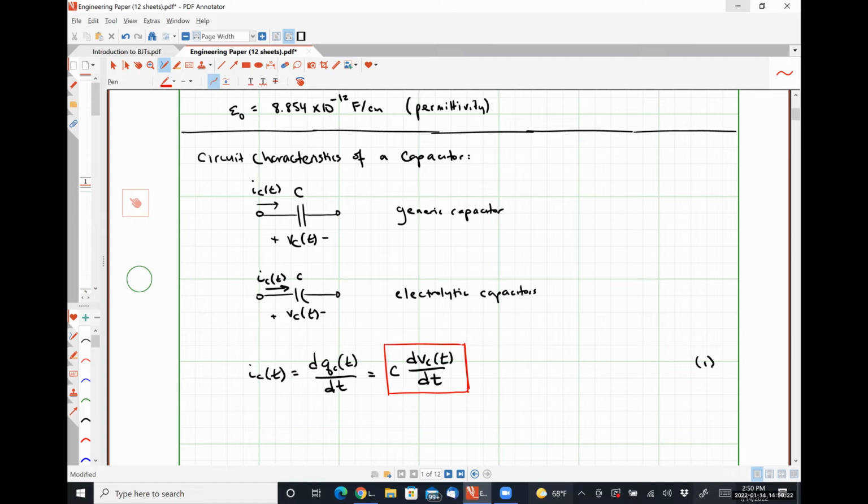It should look similar to what we saw with inductors the other day, right? Just as a quick aside, for an inductor, we observed that the voltage drop over an inductor was L di by dt. These two equations are identical if we swap L and C and we swap I and V. That will actually be true for every single one of our capacitor relationships that we're going to deal with today.